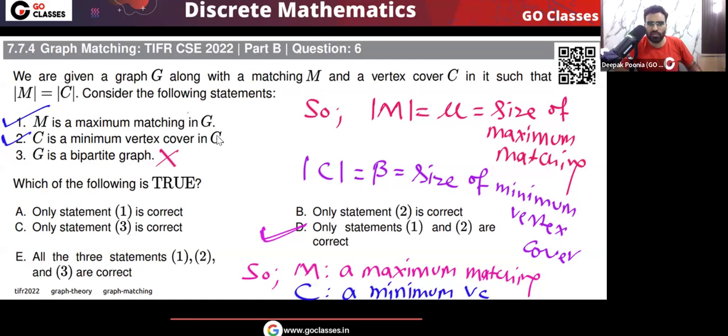And for statement 3, we are using König's theorem. König's theorem is one way: if the graph is bipartite, then mu equals beta. But if a graph has mu equal to beta, then it does not mean it is bipartite. Yes or no? I hope you understood all these points. This is the complete analysis of this TIFR 2022 question.